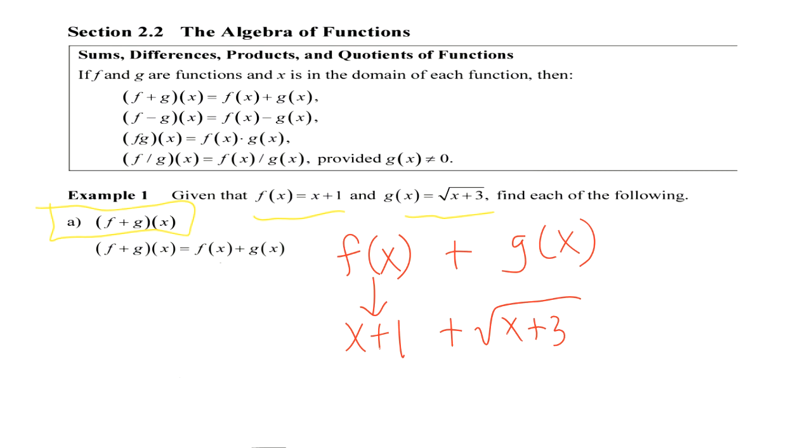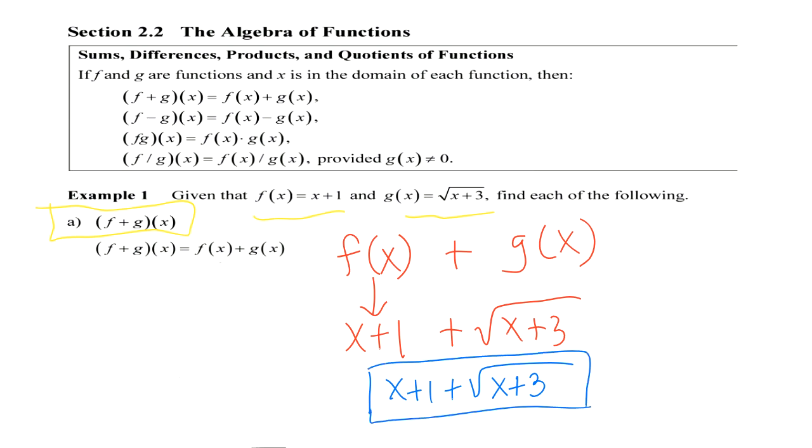You cannot add regular numbers with radicals. So there's nothing I can really do with this one but leave it as x plus 1 plus radical x plus 3, because I have one x inside of the radical and a regular x outside.